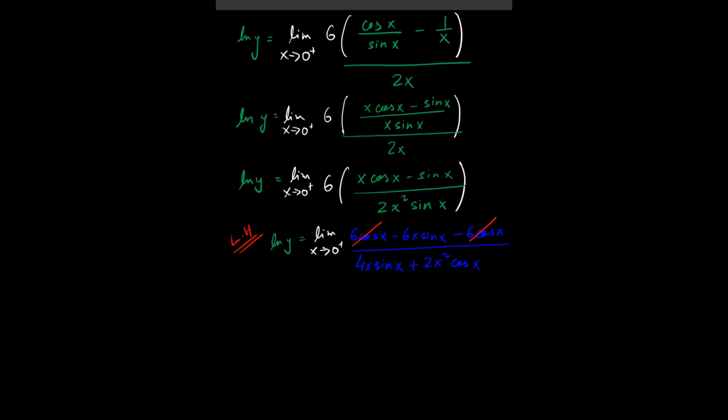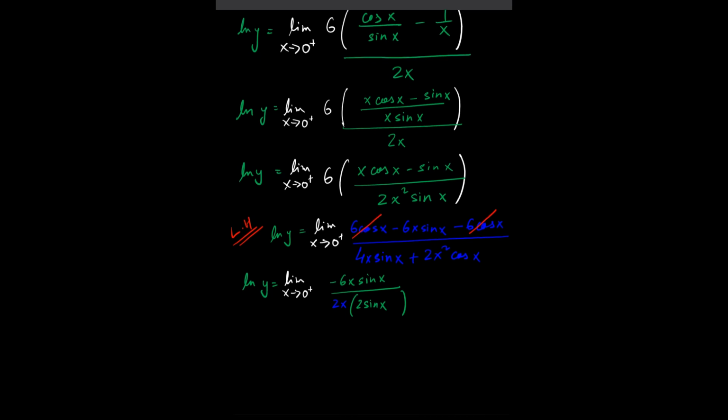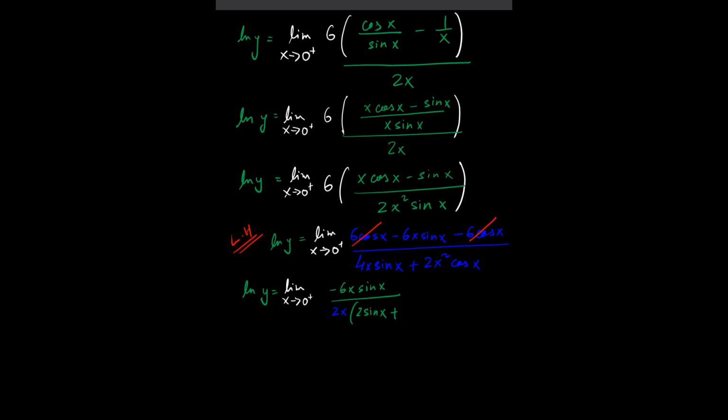So you'd have natural log of y equals the limit as x approaches 0 from the right of the quantity negative 6x sine of x all over, if I happen to factor out a 2x from the bottom, you are going to have 2 sine of x plus cosine of x, or x cosine of x.